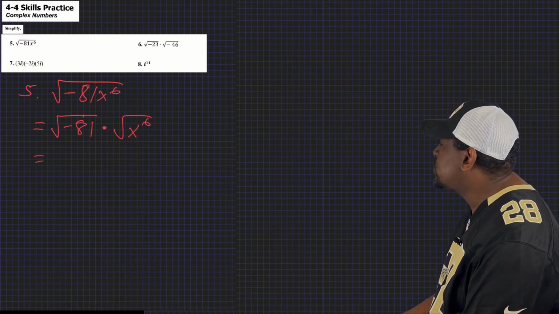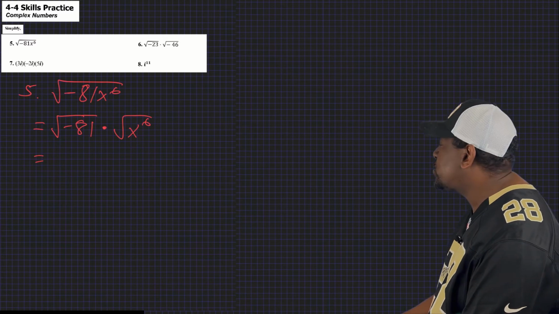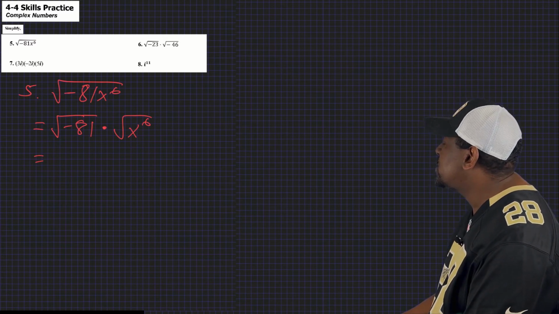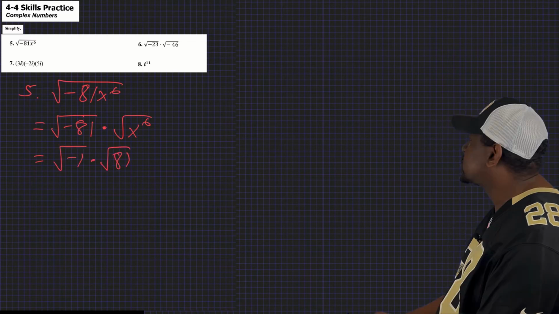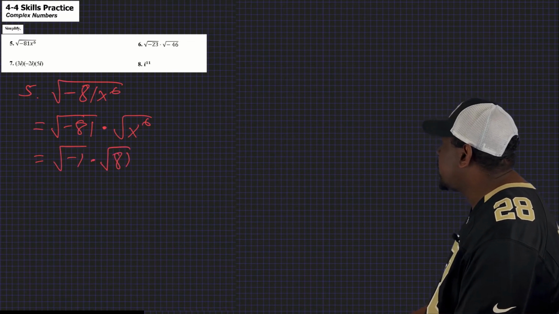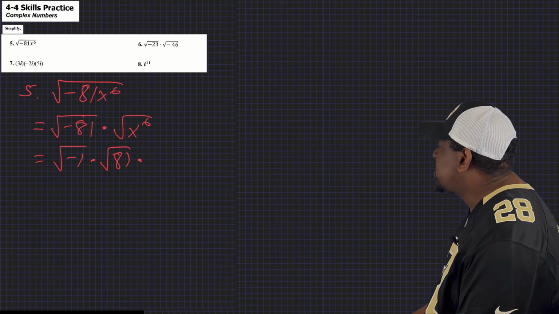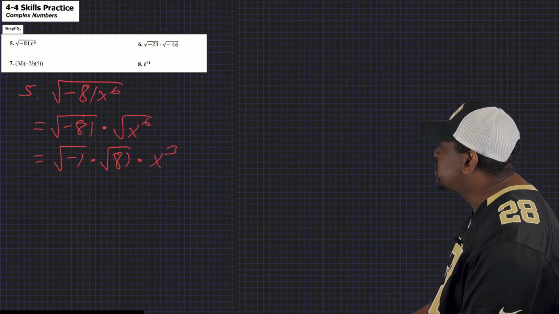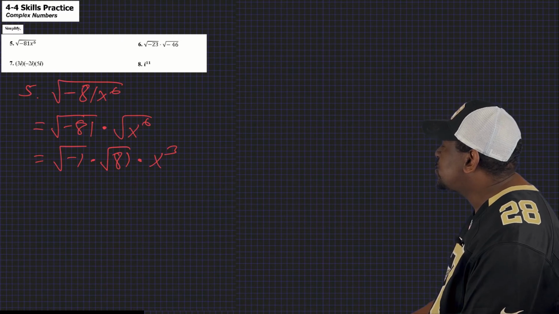Square root of -81 will be broken into -1 times 81, since we're dealing with a negative radical. The square root of x to the 6th is x to the 3rd, since again it's an even exponent, so that's a perfect square.